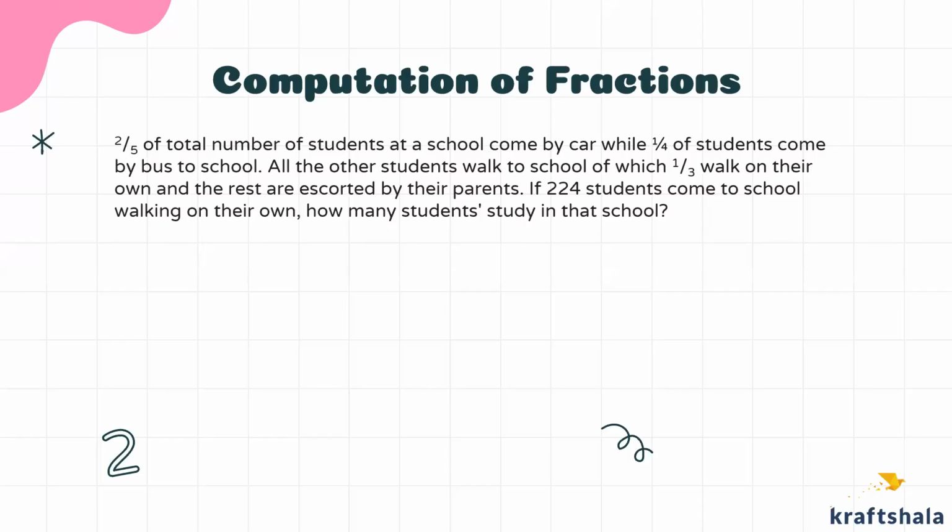All right, let's try. So the question is saying that 2/5 of the total number of students at a school come by car. So let's say the total number of students is X. So 2/5 come by car and 1/4 come by bus. So of X, 2/5 and 1/4 are taken care of. So how many are left? 20x minus 8x minus 5x, that is 7x by 20.